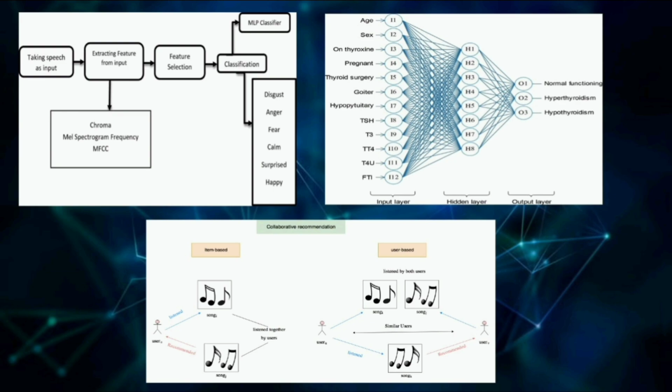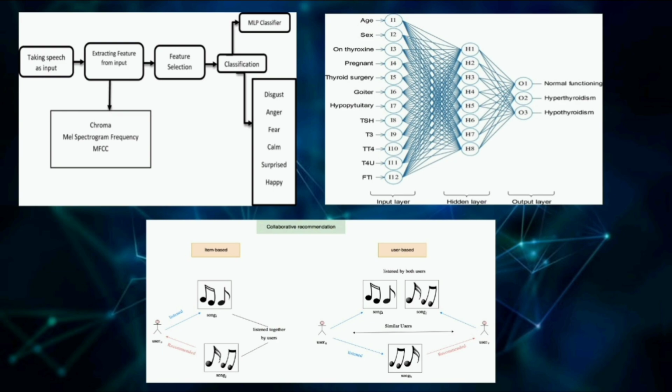They are also used to classify our speech or voice into various emotions such as disgust, anger, fear, calmness, etc. Then comes the recommendation systems. MLPs are used in recommendation systems to personalize recommendations for users based on their past behavior and preferences. They help companies suggest products, movies, music, and content to users, enhancing user experience and engagement.